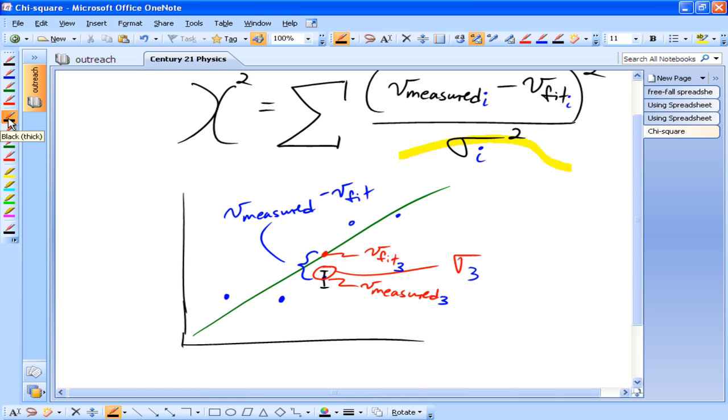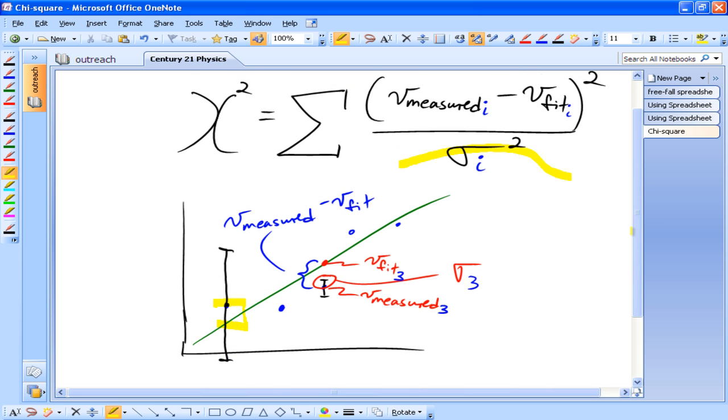You can imagine that if this point here had lots of error, well then, if the fit is some distance away from that point, as here, that difference won't matter as much since the error is so big in that data point. In this equation, we'll end up dividing that difference by a large denominator since the error is large.